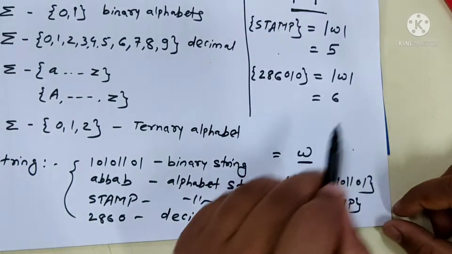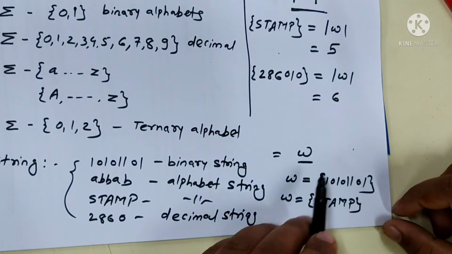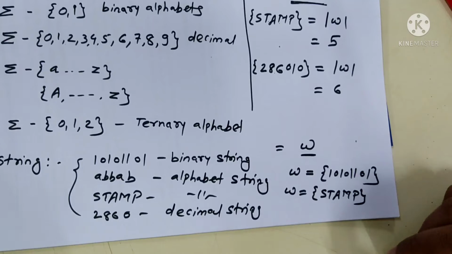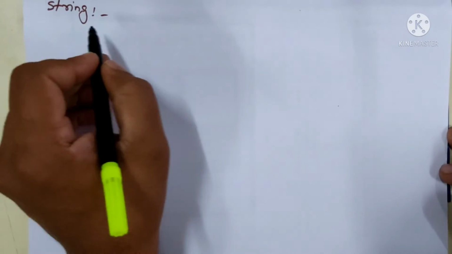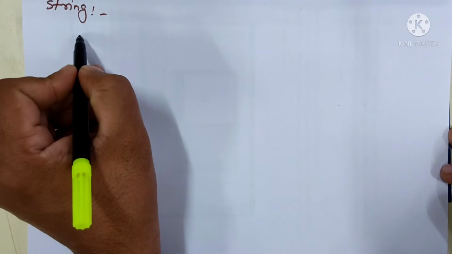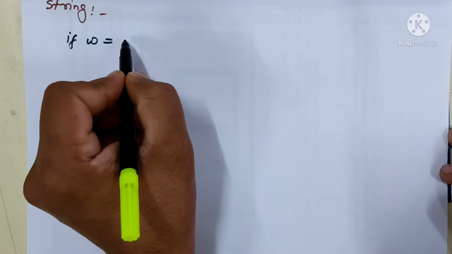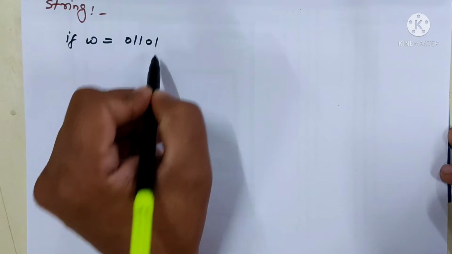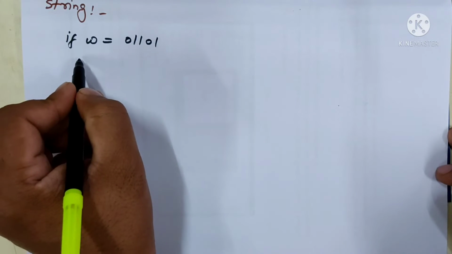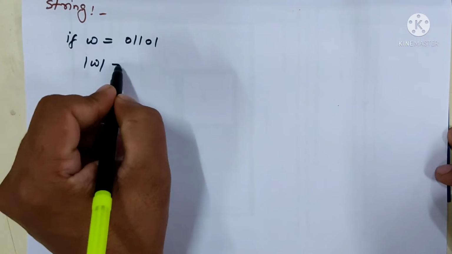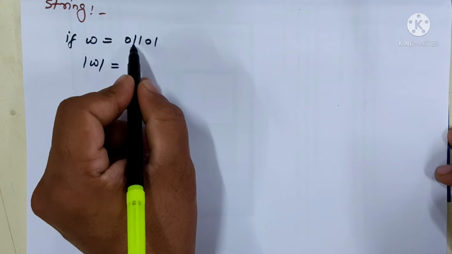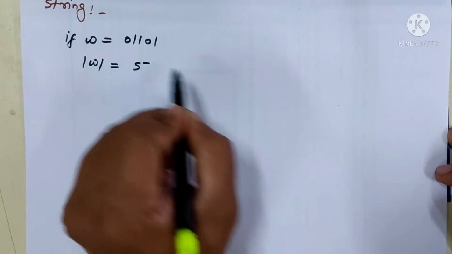The count of the string is equal to 5. For example, if the string is 0 1 1 0 1, when we count the length of the string, it is 1 2 3 4 5, the count is 5.